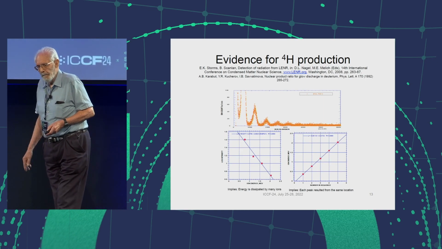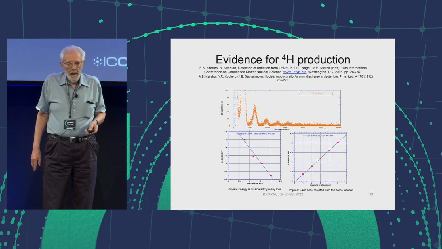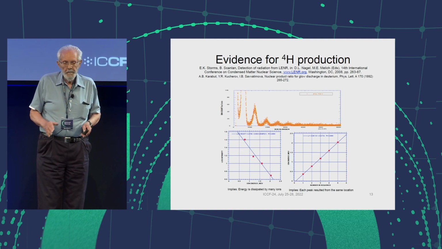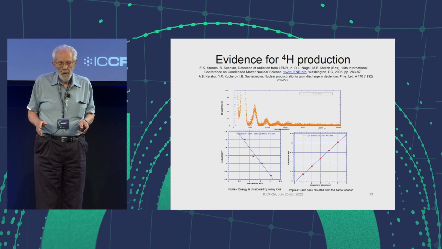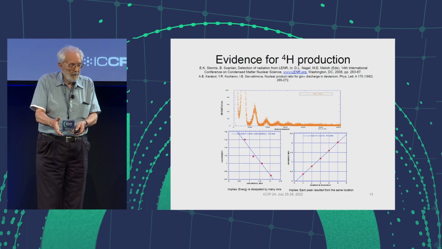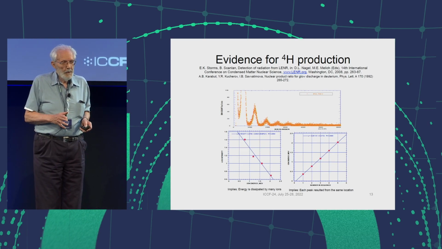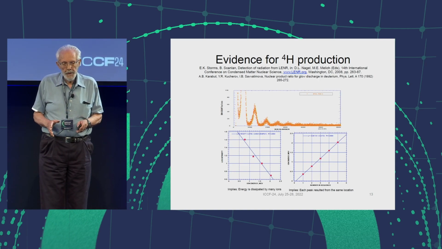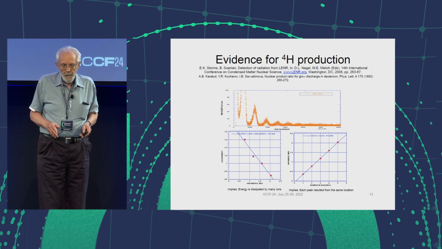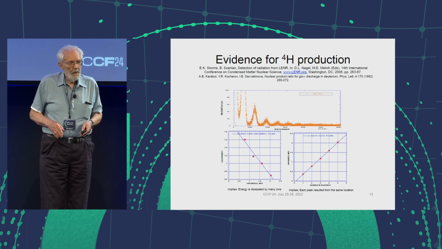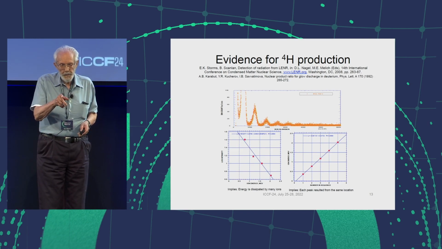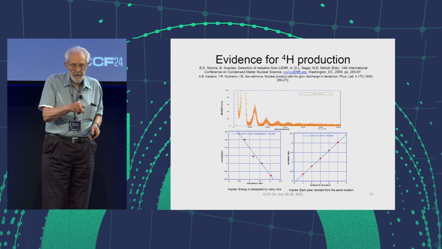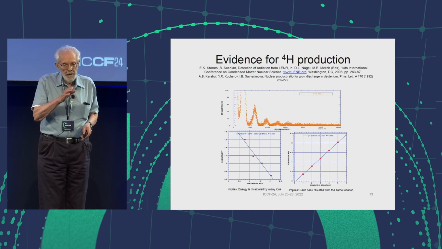Later, Brian Scanlon and I did a study under the identical conditions, gas discharge, and we saw the same spectrum, but because I was using a silicon barrier detector, I could determine its energy very precisely. And this is an example of the spectrum. Now, if we plot the log of the intensity against the energy, you get a straight line.